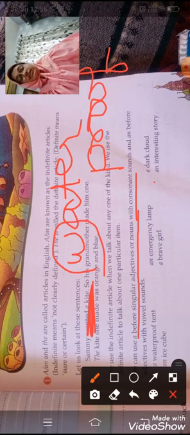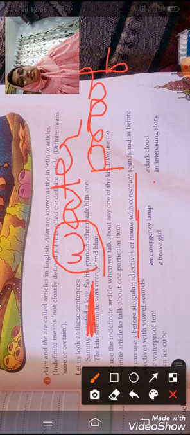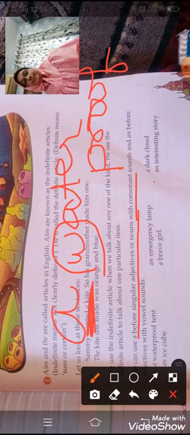Here you can see that after the blank we have the first letter of a word which begins with a consonant. So when a singular adjective or noun with a consonant sound comes after the blank, we use the article a.